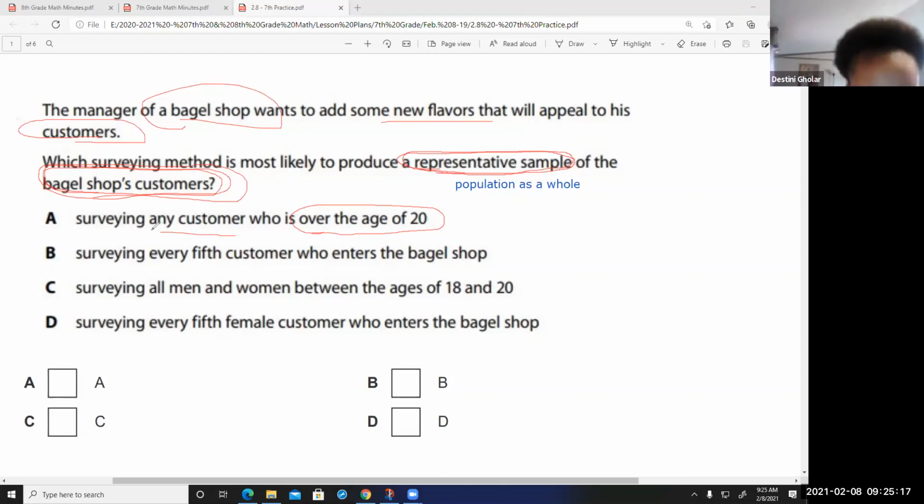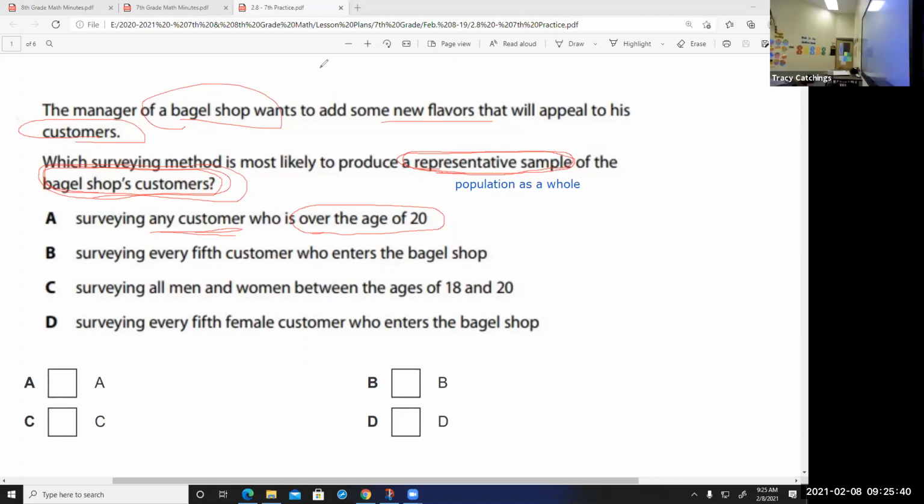No. Why did you say no? We're not looking for the age. It has to be the population as a whole, not just age over 20. Say that again, Destiny. It's not just the age over 20.